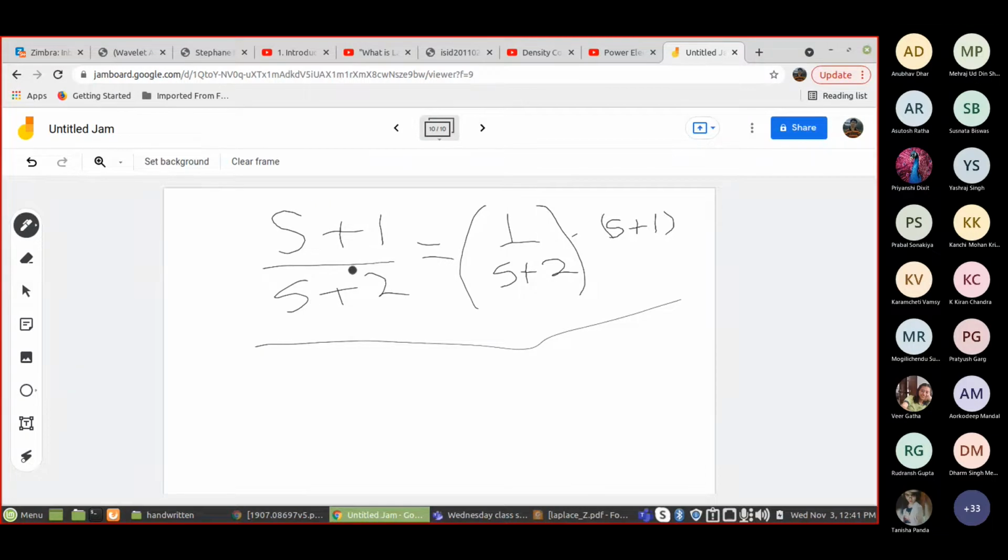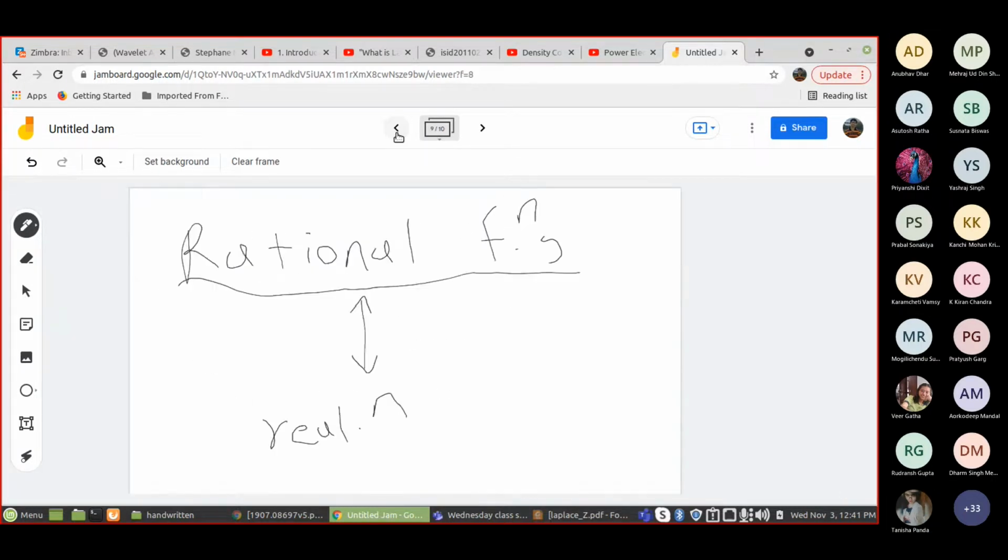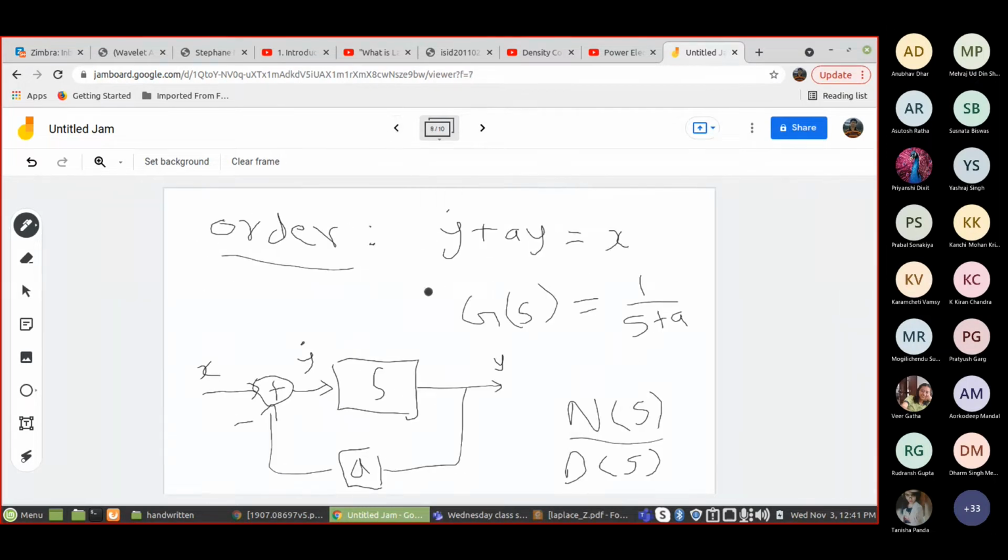And any general rational function, you can write down as a cascade of these degree 1 rational functions. So just put all of them in cascade and get a realization. I hope that is fine.